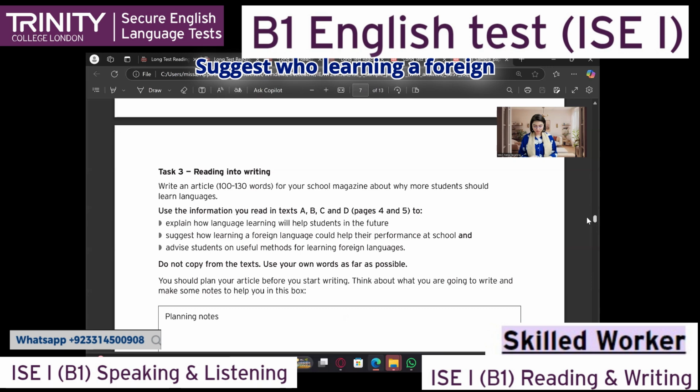Suggest how learning a foreign language could help their performance at school and advise students on useful methods for learning foreign languages. Do not copy from the text. Use your own words as far as possible. You should plan your article before you start writing. Think about what you are going to write and make some notes to help you in the box.